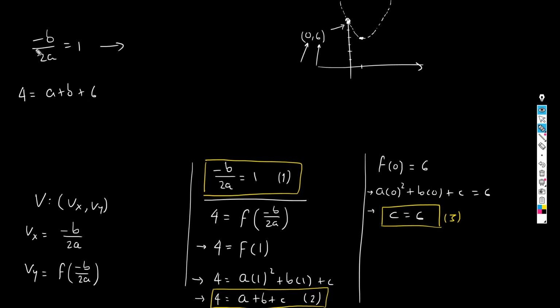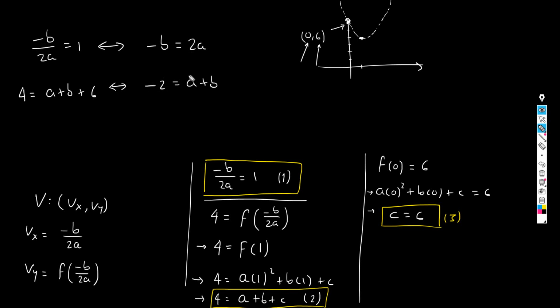If we simplify this one a little bit, we get minus b equals 2a. And if we simplify this one, we get minus 2 equals a plus b. Okay, this is the same as this. They are equivalent. And this is equivalent to this.